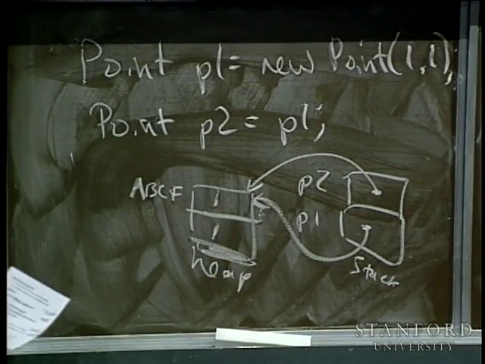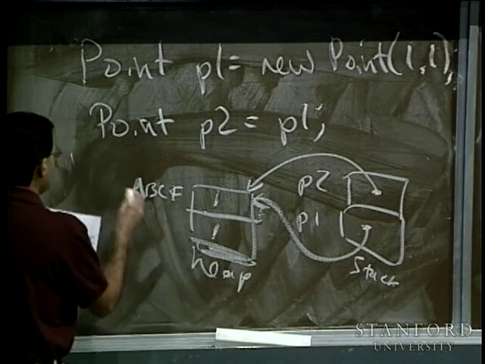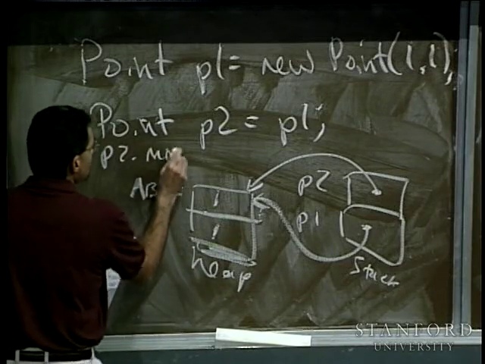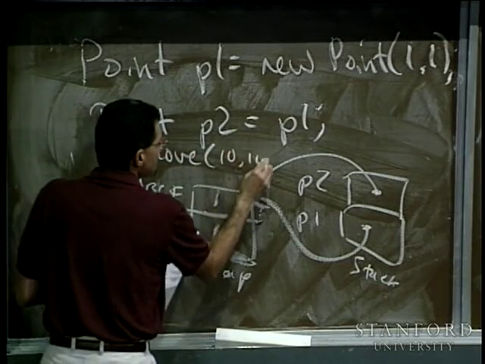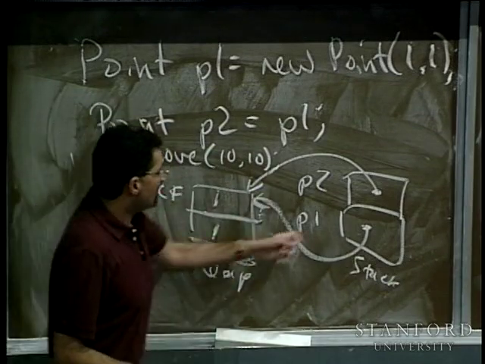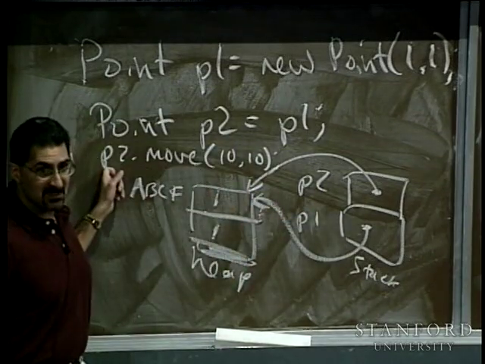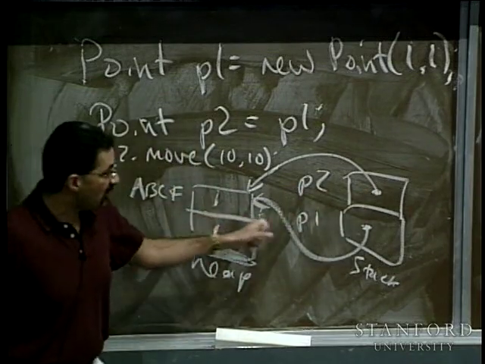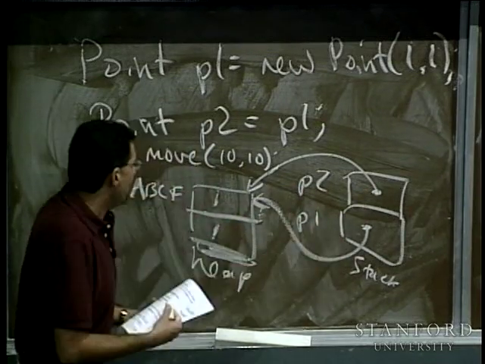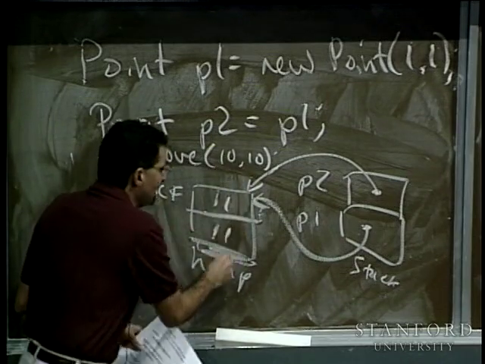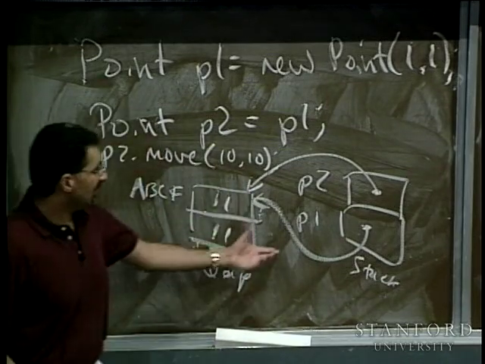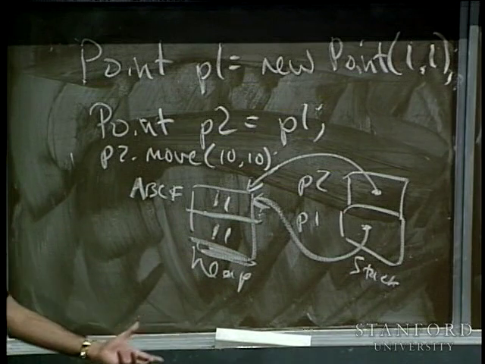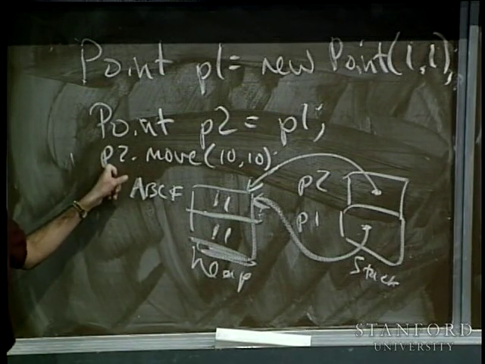So if I do something like P2.move(10, 10), it says I'm going to move based on P2. Where is P2 pointing? It's pointing to the same place P1 is, and it moves it by 10, 10, so I get 11, 11. You might say, but you just changed P1 without ever referring to P1.